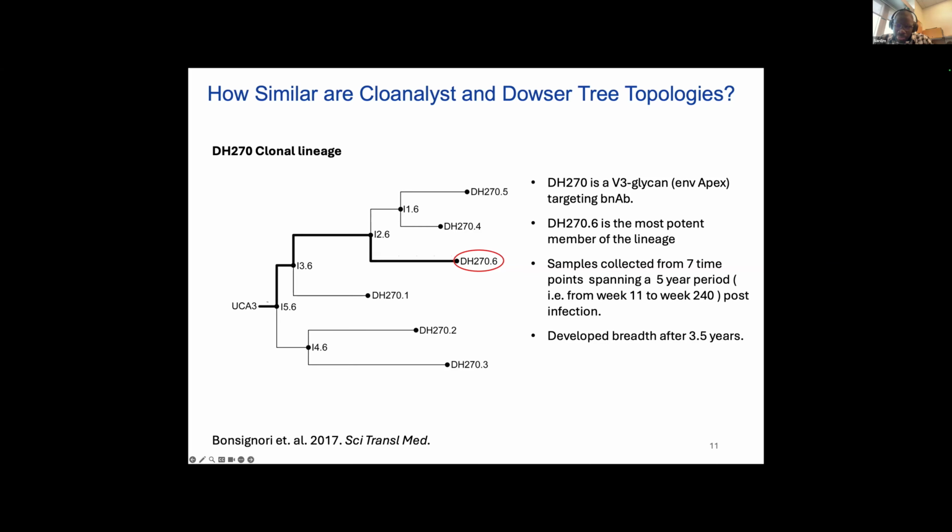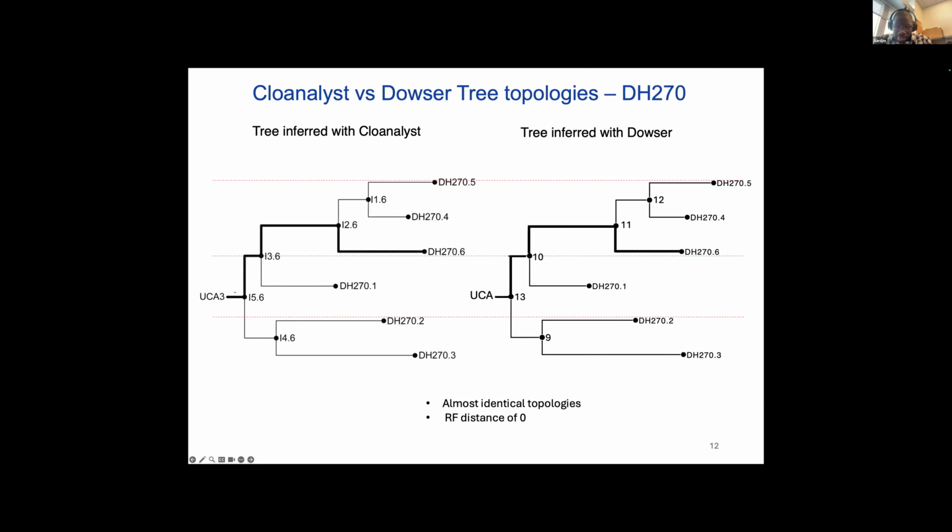The bnAb developed full breadth and potency after 3.5 years. When we compared the Clonalyst tree to the one produced by Dowser, we observed that the topologies were identical, with an RF distance of 0, confirming that indeed the two trees shared the same branching patterns.